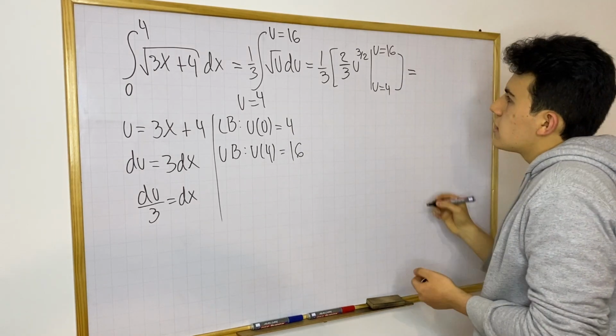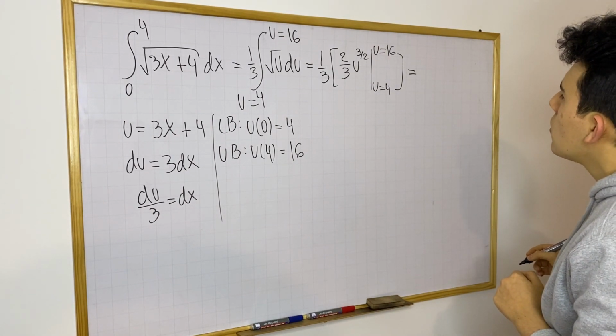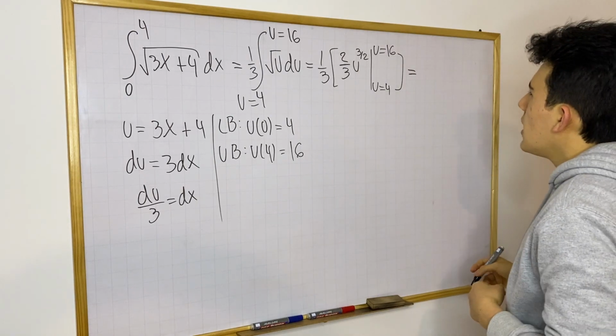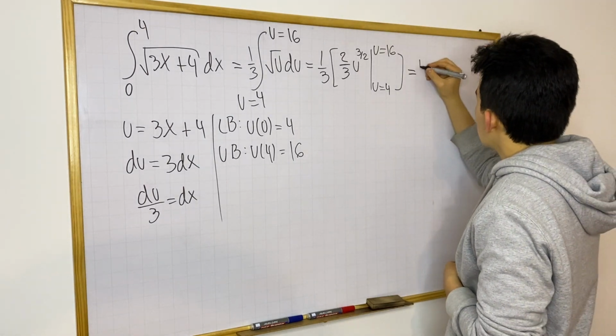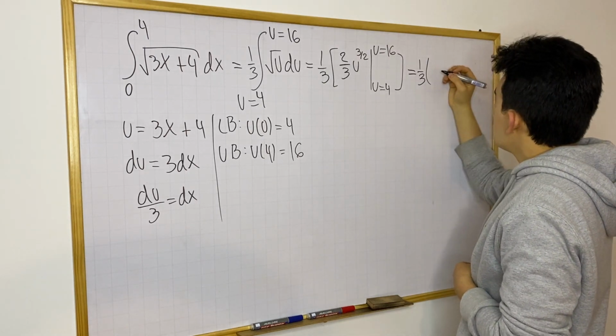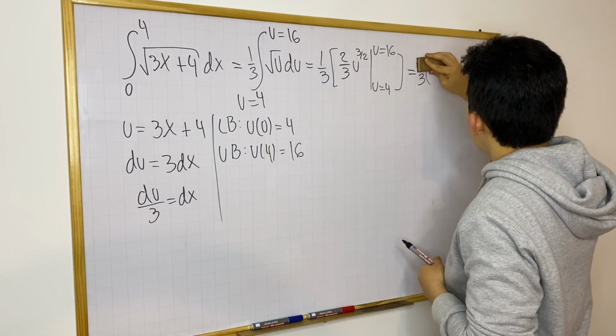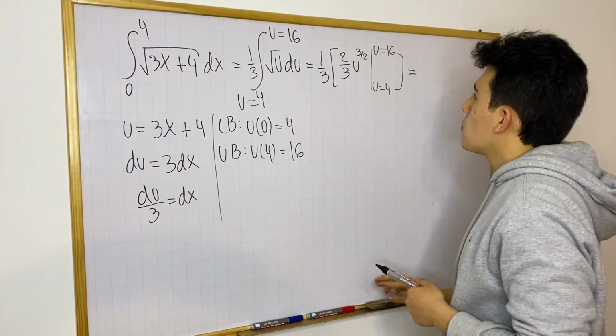And now let's see what we get. I'm just going to keep 1 over 3 outside, and I'm going to write it like this. We're going to have 1 over 3 times, now we know 2 over 3, actually, I'm going to combine 2 over 3 and 1 over 3, I think that's way better.